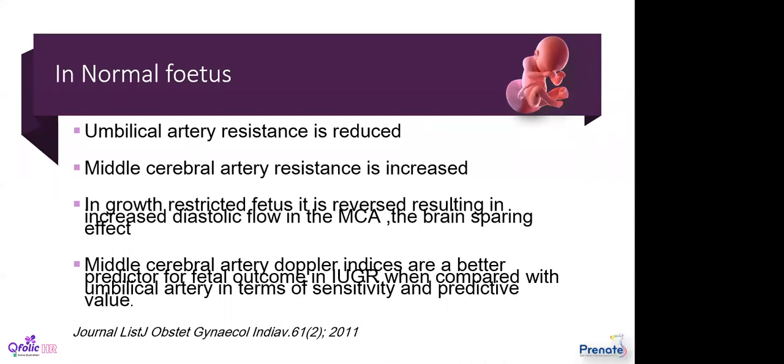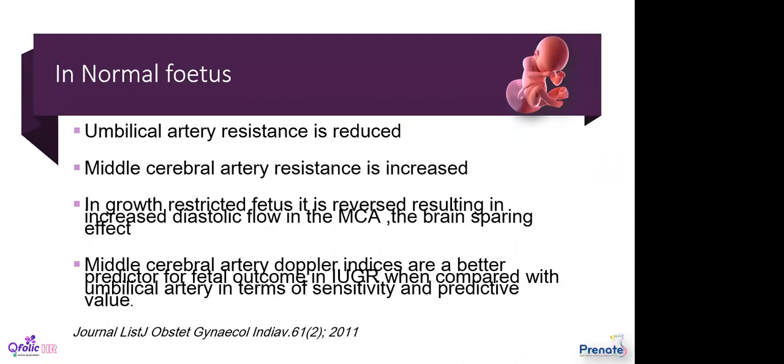In the umbilical artery Doppler, the resistance is increased, and diastolic flow is reduced. Either it becomes absent or it becomes reversed. On the other hand, in the middle cerebral artery, the resistance is decreased because there is shunting of the blood. The resistance in the cerebral vasculature decreases.